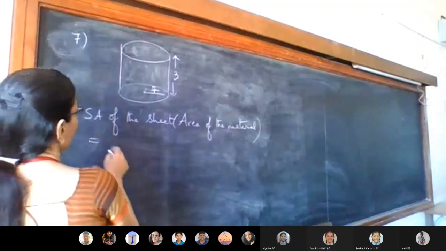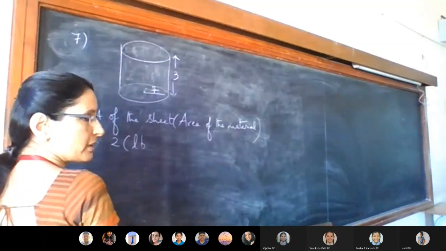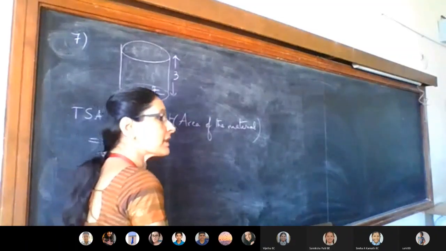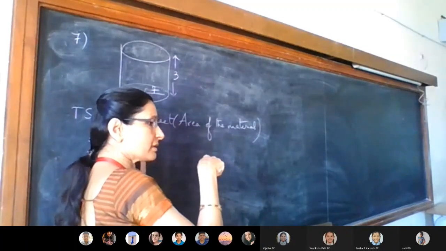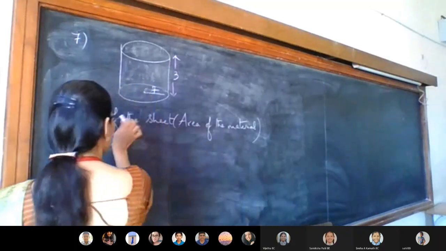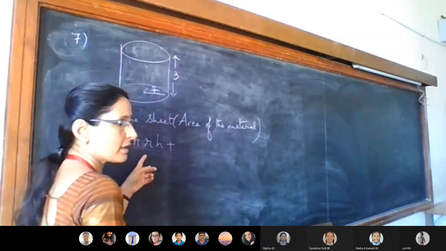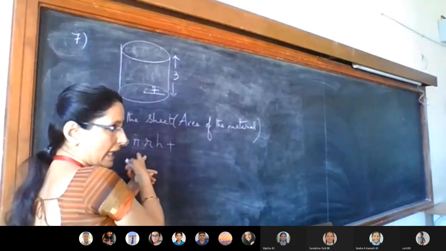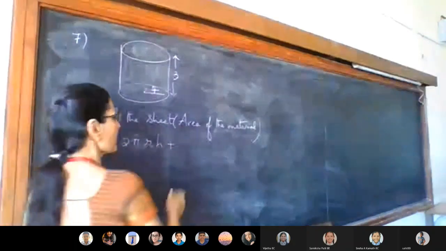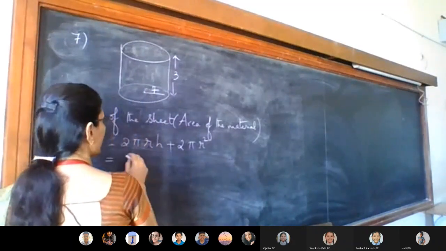So we are calculating TSA using the formula. Cylinder: LSA, 2 pi r h, added to 2 more circular areas, 2 pi r square.